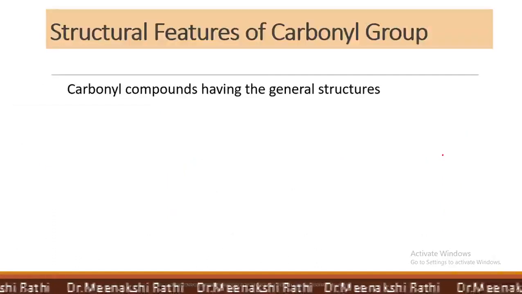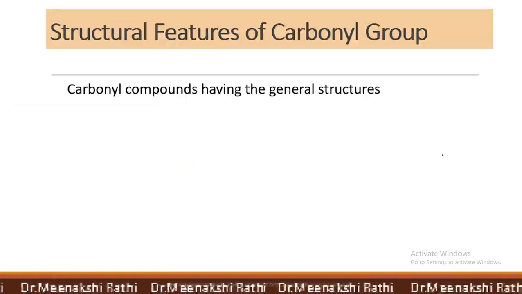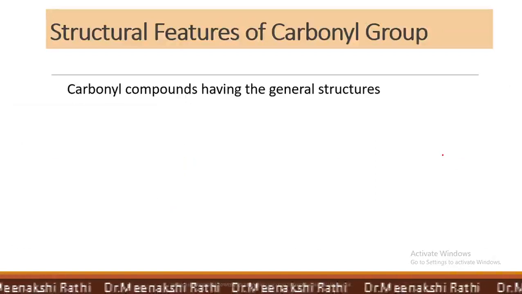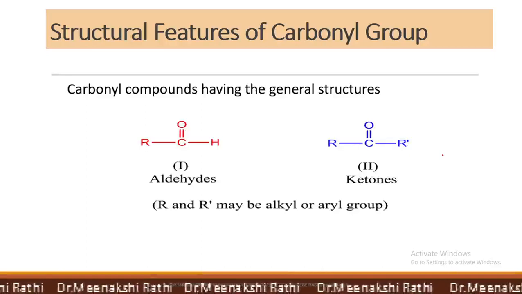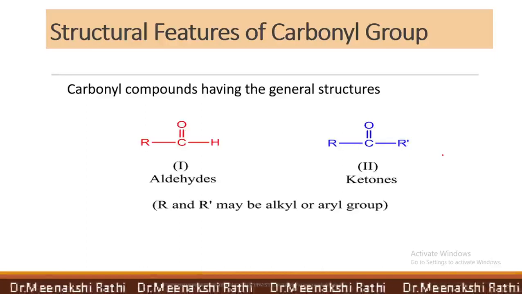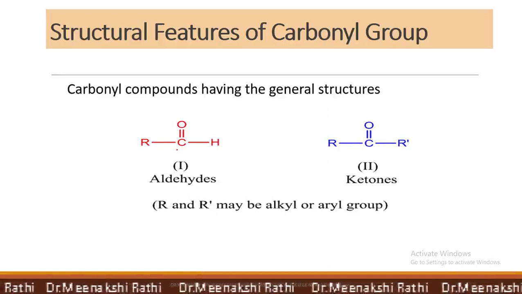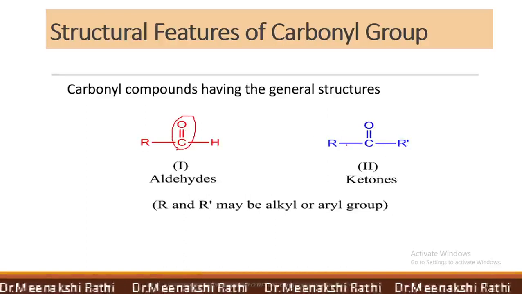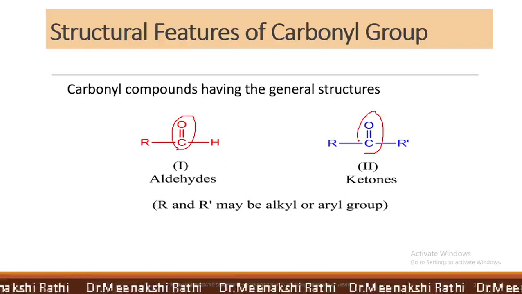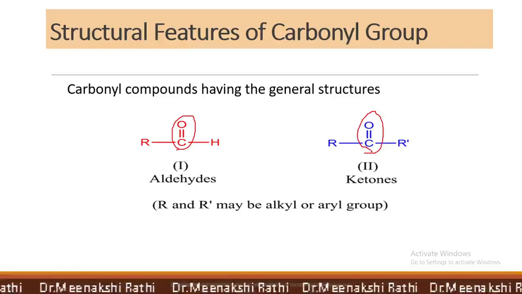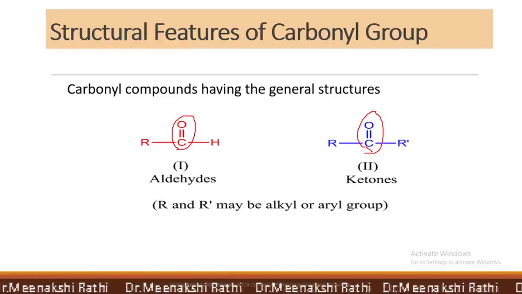Now aldehydes and ketones, which are considered as carbonyl compounds, have a general structure like this. I already told you aldehydes and ketones both are carbonyl compounds because they contain the carbonyl group as a functional group. But what is the major difference between aldehyde and ketone?